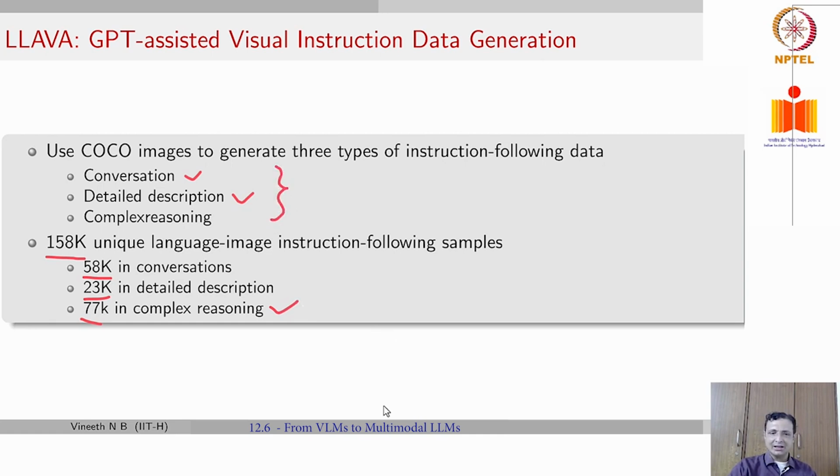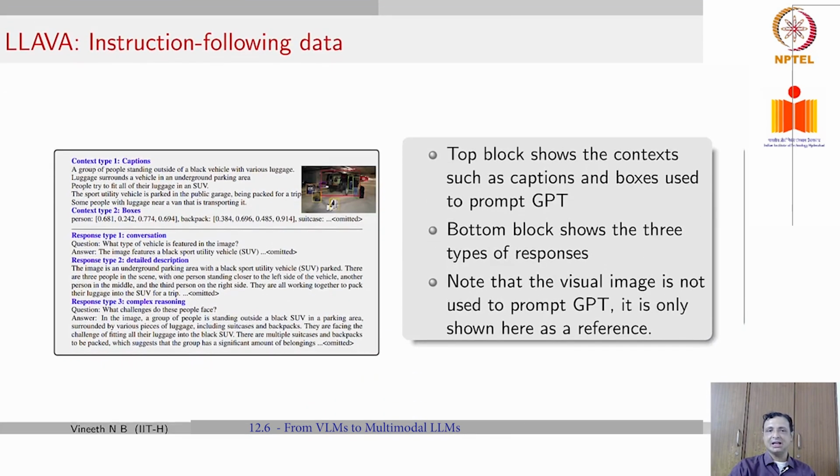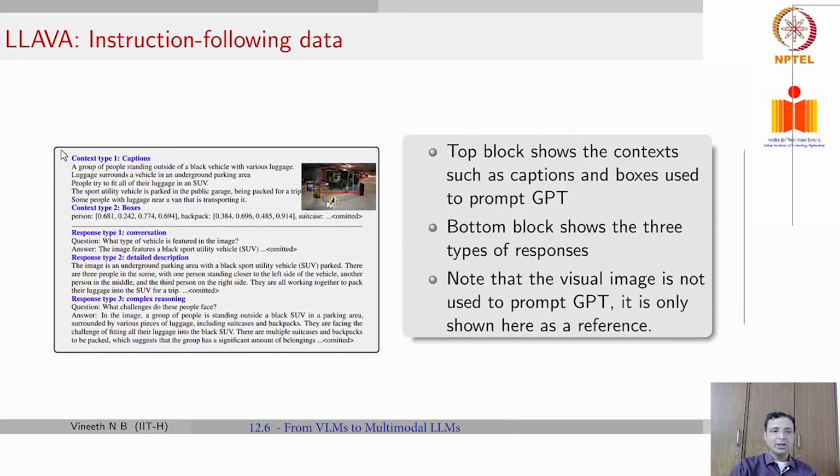What do these three categories mean? Let's see an example. So here is the Conceptual Captions dataset, where given an image, you have a few different captions for the image itself. So just to give you an example, given this image here, you have one caption to be a group of people standing outside of a black vehicle with various luggage.